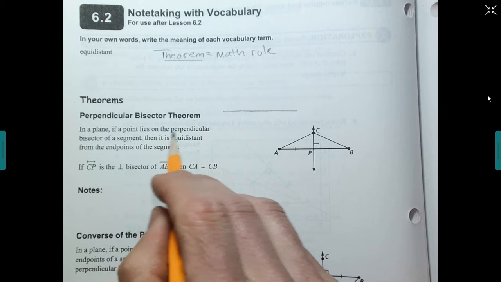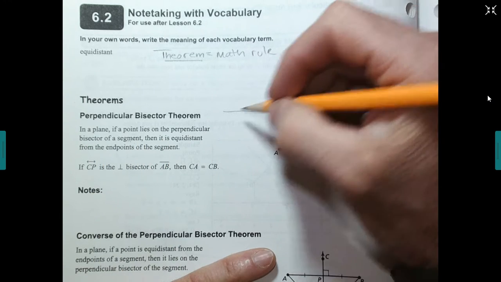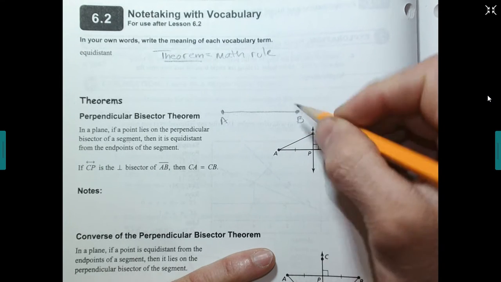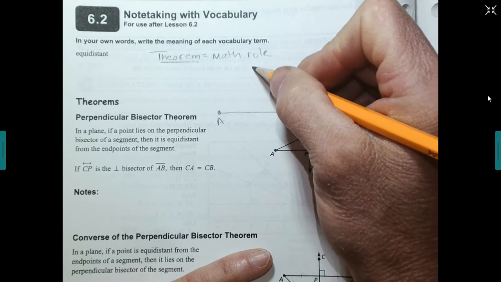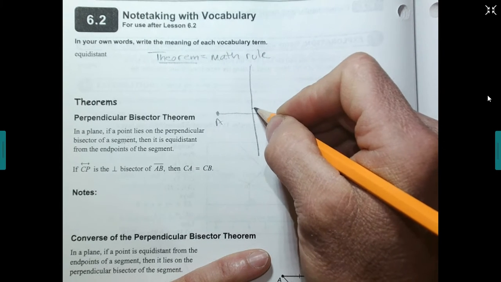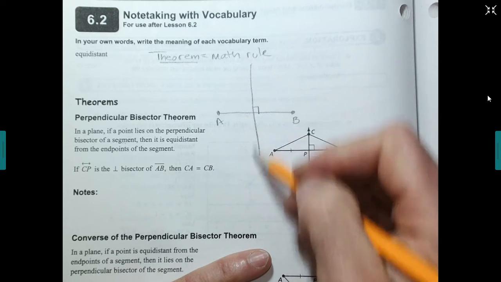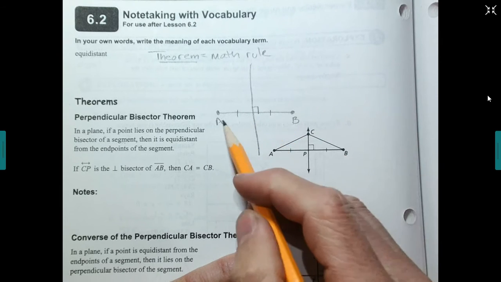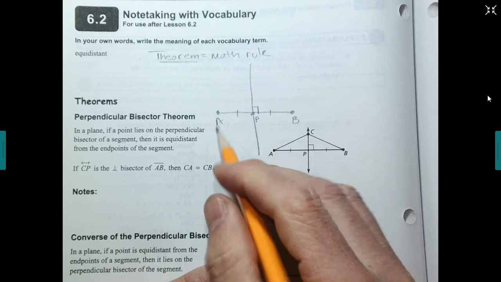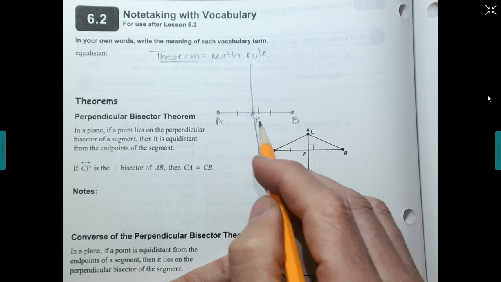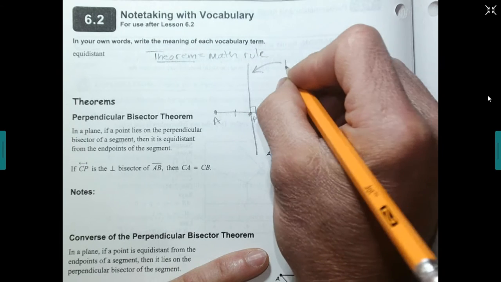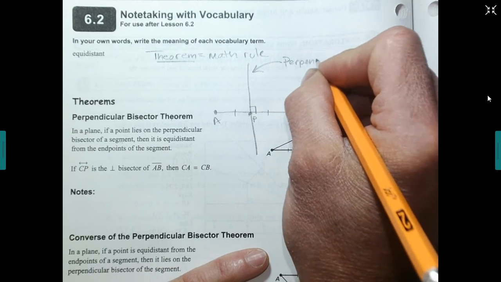If a point lies on the perpendicular bisector, so this is segment A, B. So if we have a bisector, and it's perpendicular, and let's call this point P. So AP equals PB.